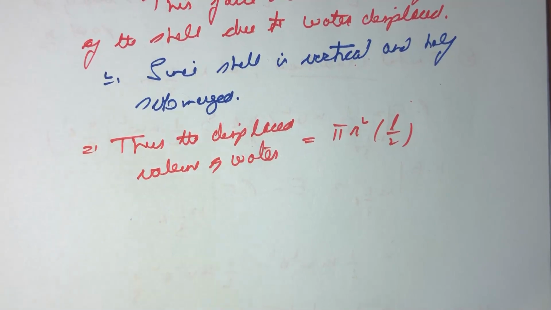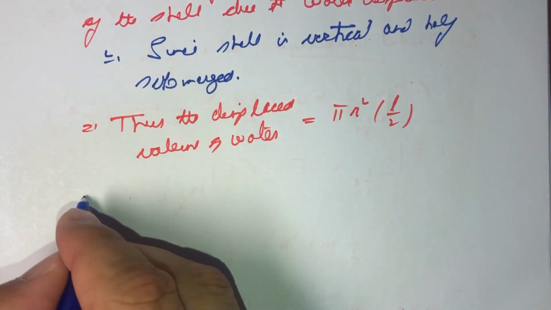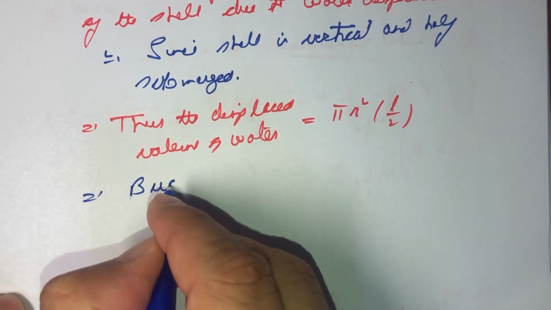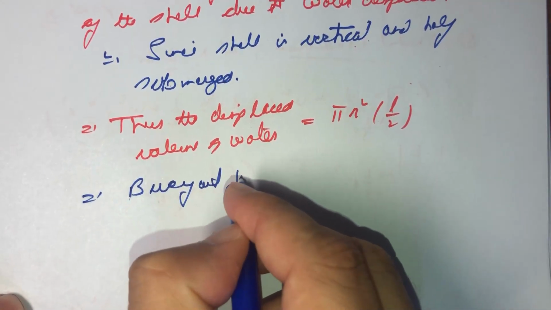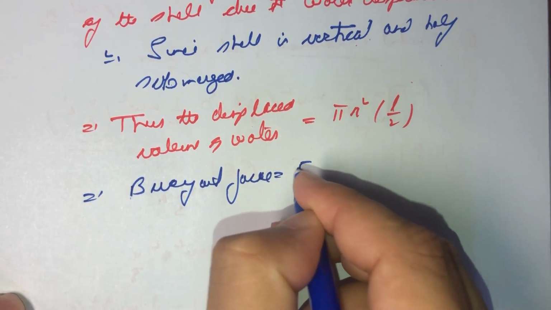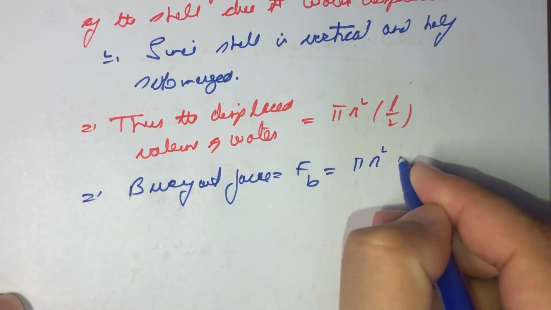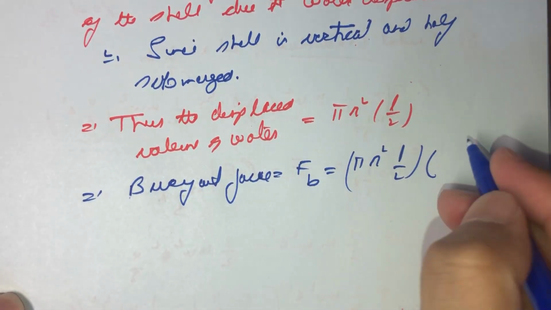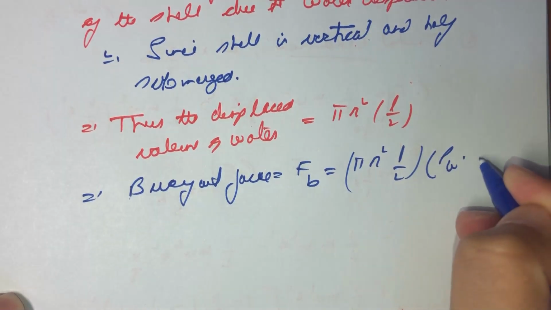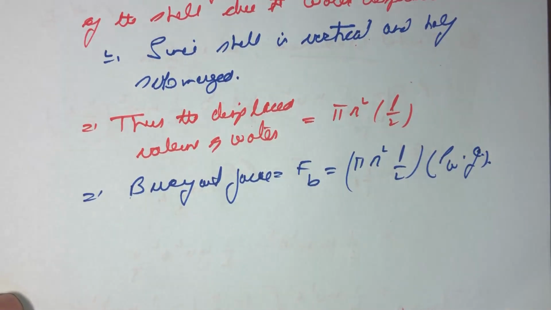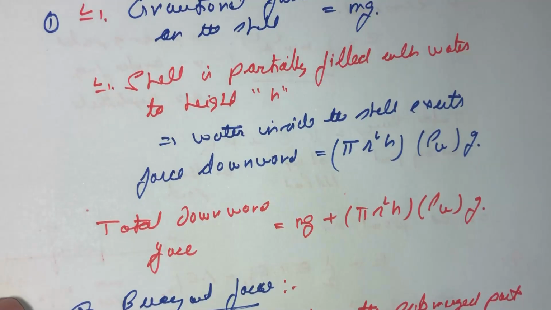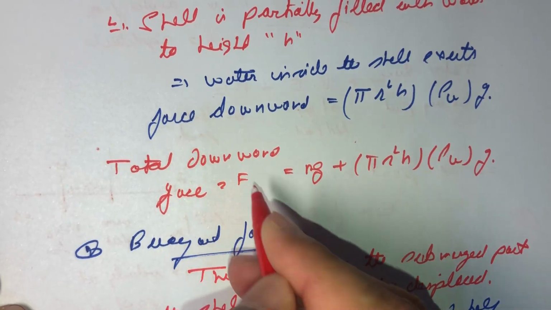So we can write the buoyant force, let us suppose given as FB, will be equal to pi r square L by 2 rho w multiplied by g. And the total downward force, let us suppose it is given as FT.